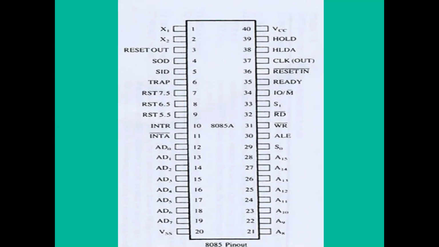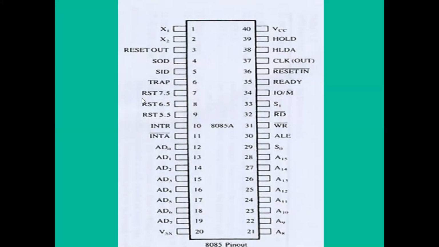The next group is externally initiated signals, which are basically reset in, pin number 36, reset out, pin number 3. Then the ready input is available, ready, pin number 35. Then the hold pin is available, pin 39, then the HLDA pin, hold acknowledgement.